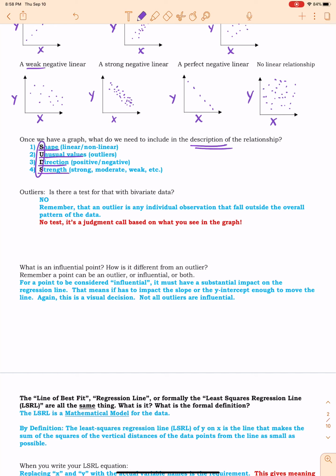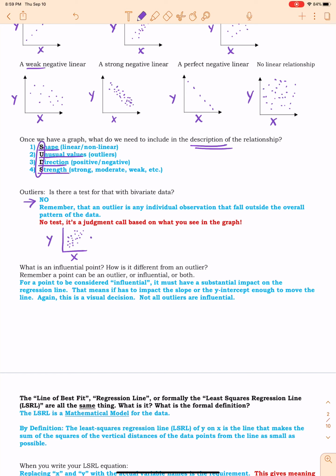Okay, so outliers. Is there a test for outliers with bivariate data? No, good news. You just have to eyeball it. If it looks like it's outside of the pattern of the other points, guess what? It's an outlier. So what would that look like in a scatter plot, Miss Griggs? Well, let's say we had something like this. I'd call this a weak positive relationship.